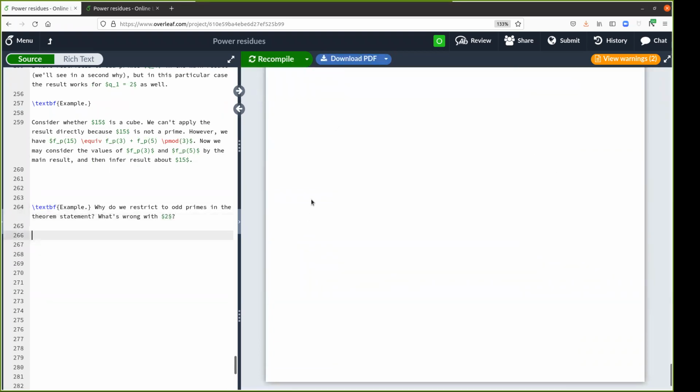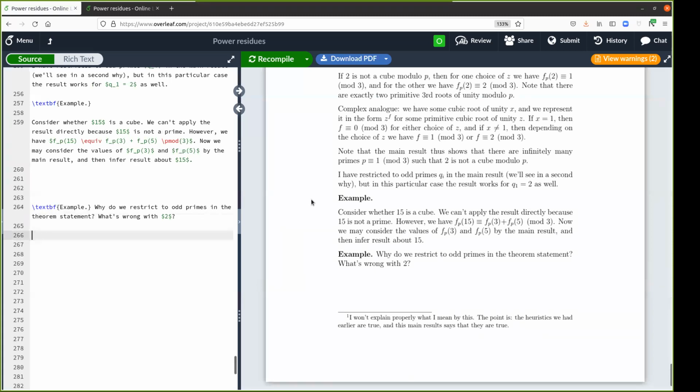Then I'll explain why I have restricted to odd primes in the theorem statement. So what's wrong with 2? Well, in most cases, nothing.